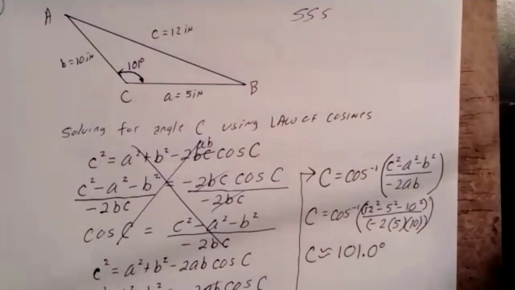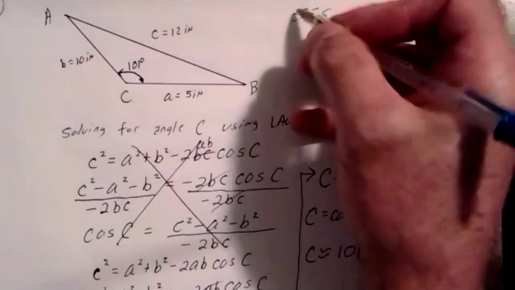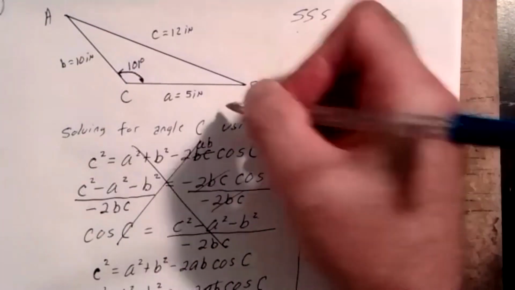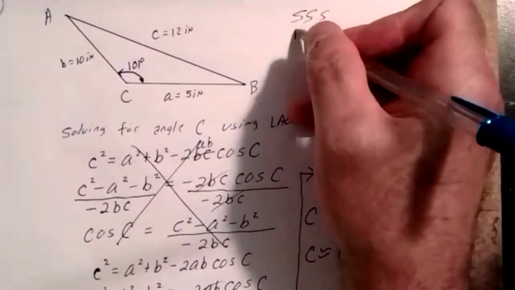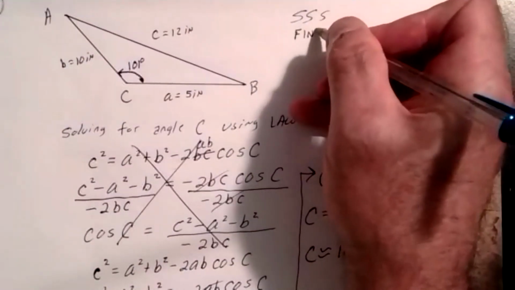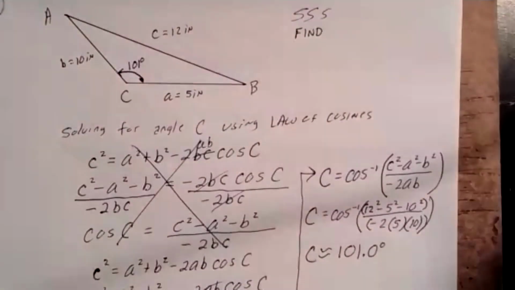Now that we've used the law of cosines to find the missing angle C, we could then find one of our other two angles, A or B. Anybody remember which one we should find using the law of sines according to what I showed you in that yellow shaded box? What was the recommendation? Which angle would you now want to use the law of sines to find, A or B?